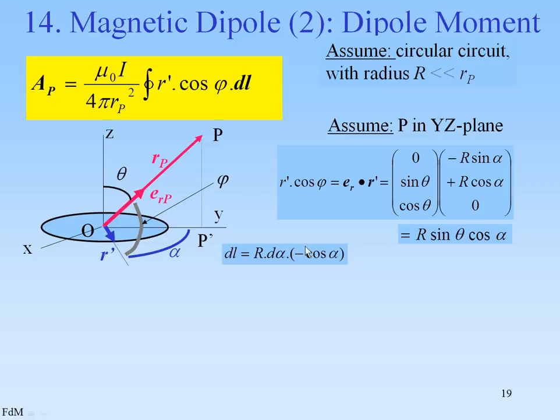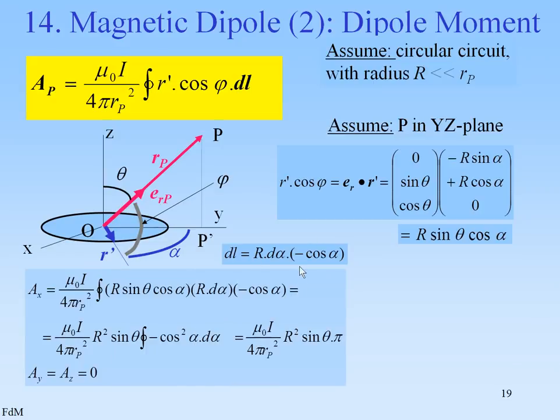Now, dl in the expression here is along the circuit. So it can be written as R dA times minus cosine alpha. That's the dl component here.